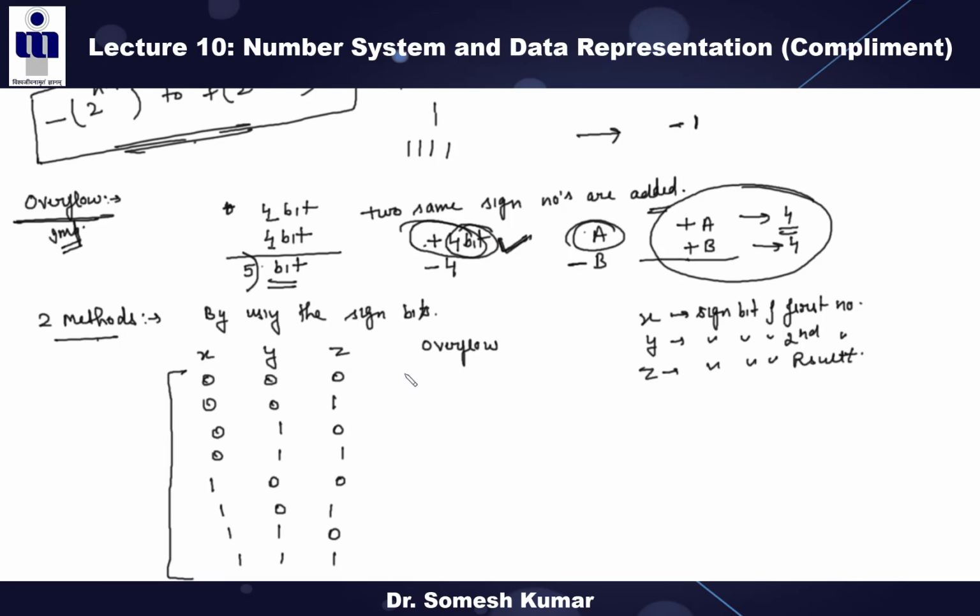So if the first number sign bit is 0, the second number sign bit is 0, and the sign bit of the result is also 0, it means there is no overflow. If the sign bit of the first number is 0, the sign bit of Y, the second number, is 0, and the sign bit of the result is 1, both have the same sign but the result sign bit is 1.